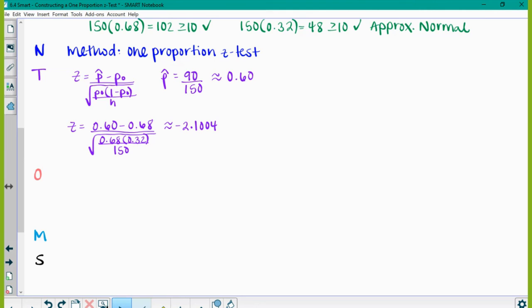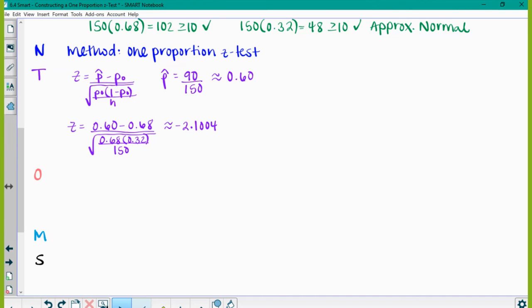Now, don't forget that we wrote an alternative hypothesis where it's not equal to. So I don't necessarily have one direction in which I am shading. I have two, but the nice thing about a two-tailed test is there's symmetry. The Z-score on the upper end is the same number, just positive.